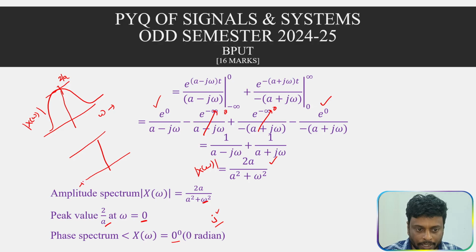Suppose the phase axis runs from minus 10 to plus 10. This is the value at 0.